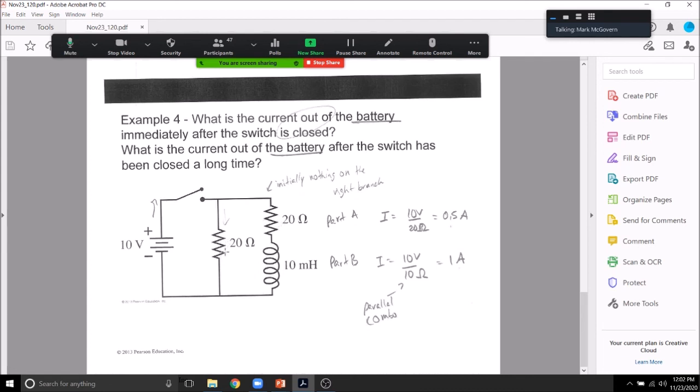Having two resistors in parallel, you do the inverses of those, and the equivalent resistance of that combo is 10. So 10 over 10 is 1 amp. That's what's coming out of the battery, and then it splits half and half on either side once it gets to the junction. So on the right-hand side, it starts off at 0, and it gradually increases until it gets to 0.5.